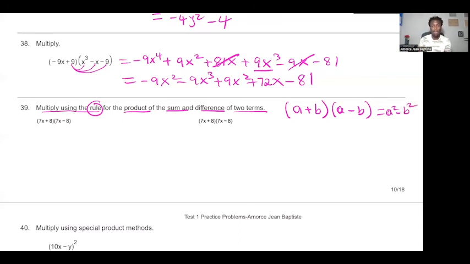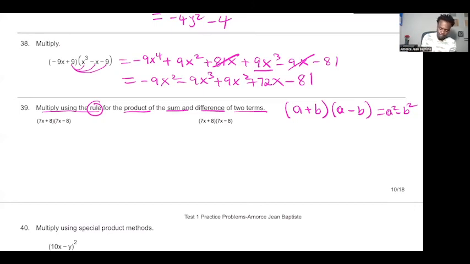A plus B times A minus B equals A squared minus B squared. The product of the sum and the difference of two terms is the difference of the squares of these two terms.